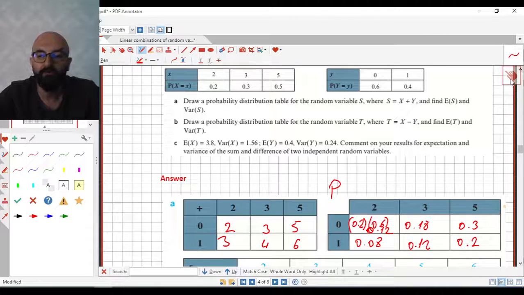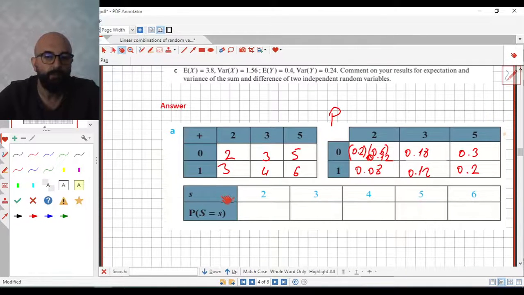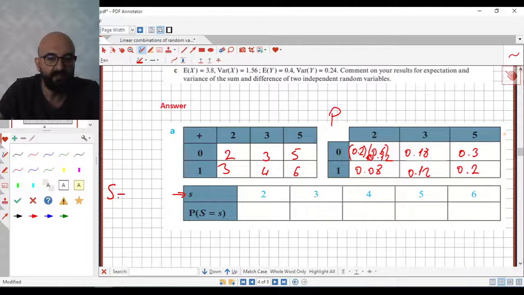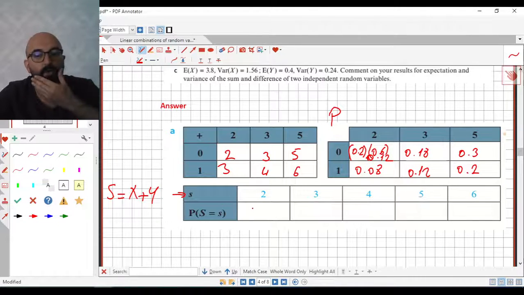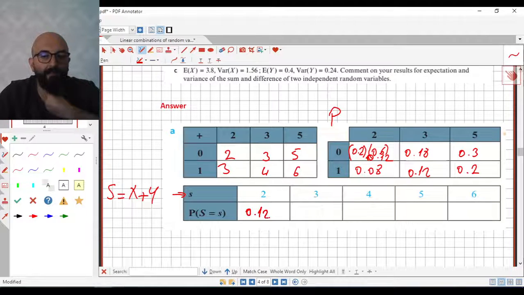Now the probability of S, where S means X plus Y, with values 2, 3, 4, 5, 6. For 2, it means 0.12.